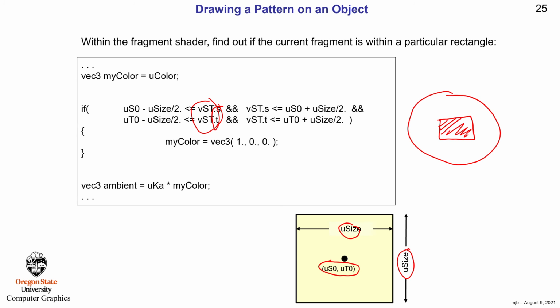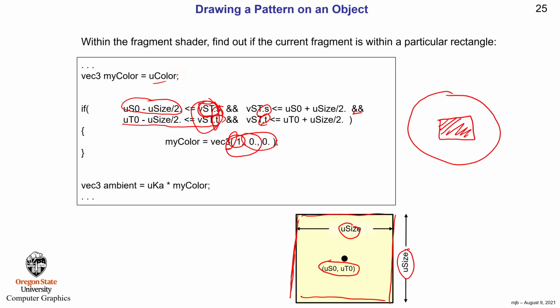So here's what we're saying: if the S where we are right now is greater than the left side of where we want the square to be, and if it is less than the right side, so we're somewhere in between the left and the right, and if the T where we are right now is greater than this bottom location, and if the T where we are right now is less than the top location, use a color of red.